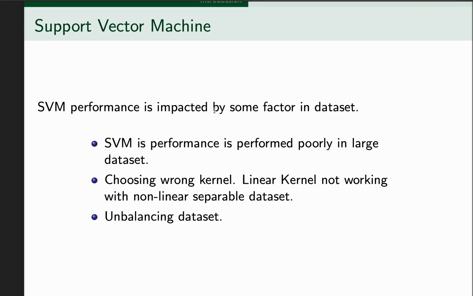For example, a linearly separable dataset will not work with a non-linear kernel. Also, the SVM performs poorly on unbalanced datasets, where the model will be biased toward the majority class.